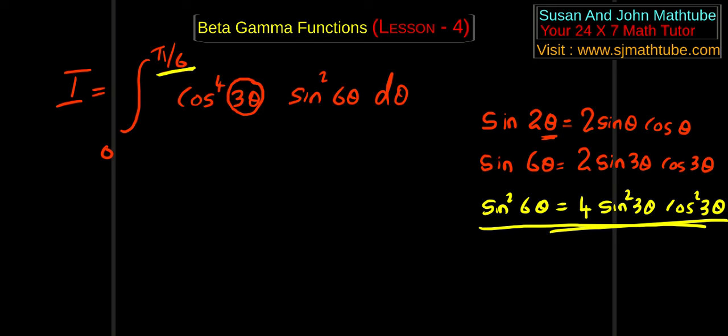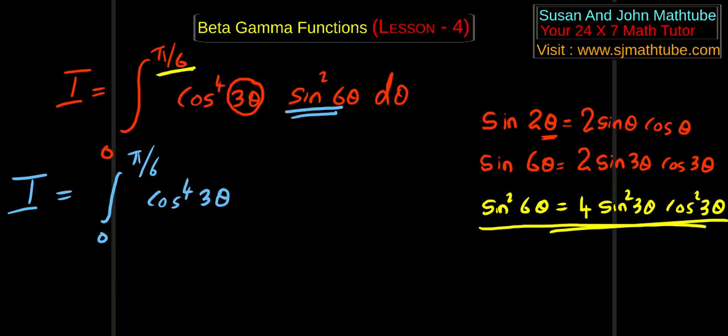Okay, so I'm going to modify the question a little bit for my convenience. I will leave the first one as such, and the second one I'm going to replace with that yellow thing which we wrote here, that is 4 sine square 3 theta cos square 3 theta d theta.